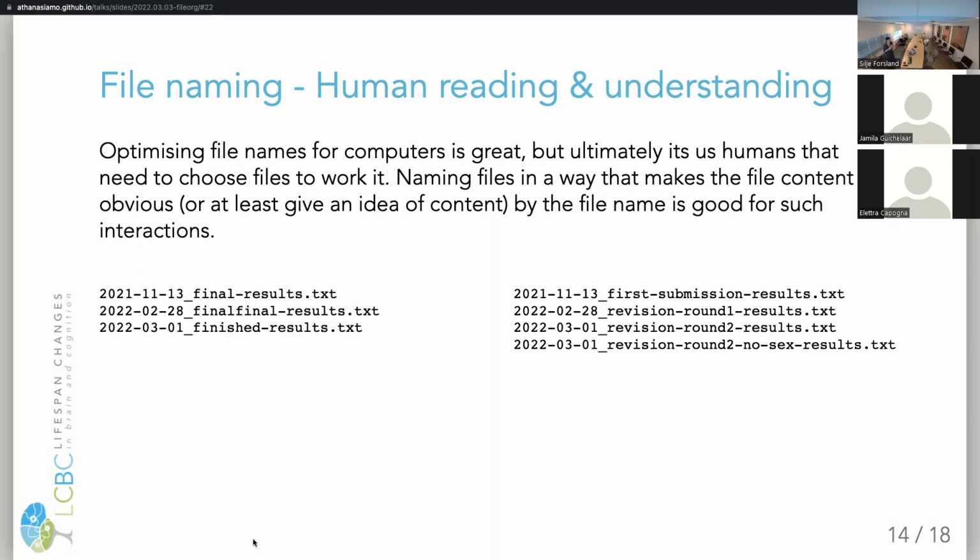But things like this, so we have the first submission results, and then we have revision round 1, revision round 2. Ooh, revision round 2, the ones with no sex in the variables for our models. These make it a little bit easier to understand as a human what the content of the file is. So we don't have to go through every line of our code to figure out which file is what.